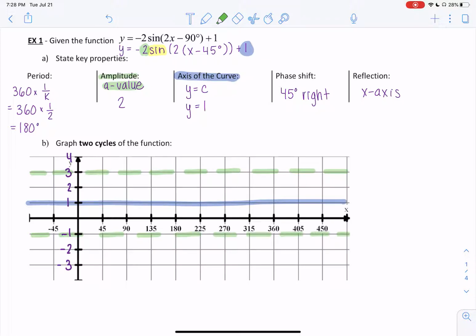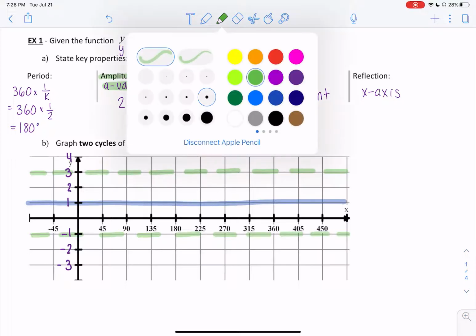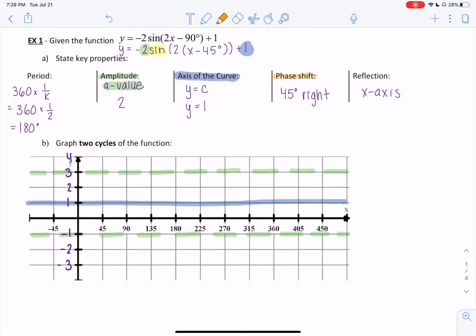Next, we're going to find our starting point from our phase shift. So our phase shift was given to us by the d value. So we know that our sine curve usually starts at 0, but now we're going to move 45 degrees to the right, so our new starting point will be here.